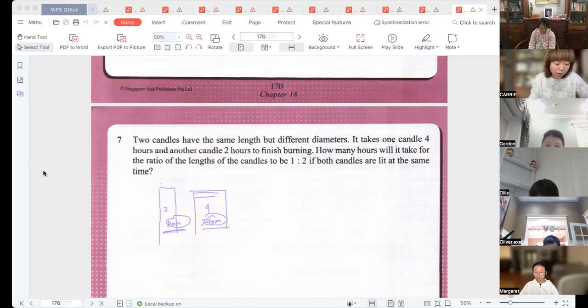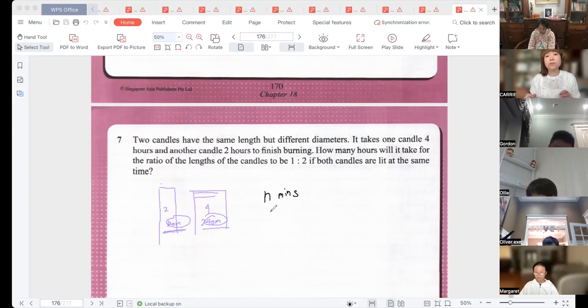Okay, so remaining length after n minutes. I don't know how many minutes or hours, but after n minutes, the length of the two candles has a ratio of 1 to 2. Correct?